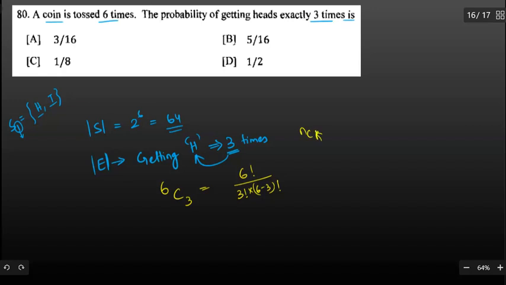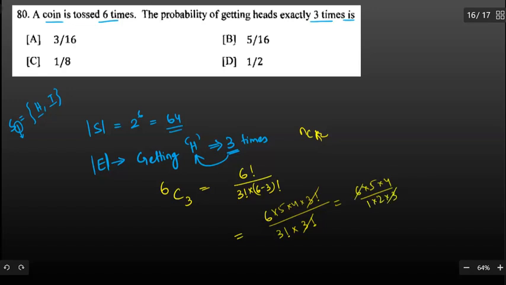We can write 6 factorial as 6 into 5 into 4 into 3 factorial, divided by 3 factorial into 6 minus 3 factorial, that is 3 factorial. The 3 factorial and 3 factorial get cancelled, and we have 6 into 5 into 4 divided by 3 factorial, that is 1 into 2 into 3.